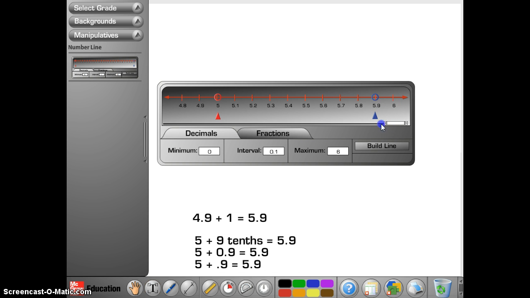Going back up here, I could say, well, let's pick another number. So for example, let's pick 2. Well, from 2 to 3 is a whole. I'm going to move this off.